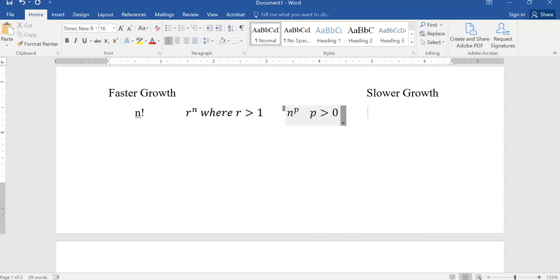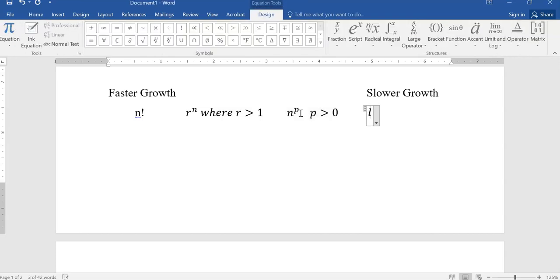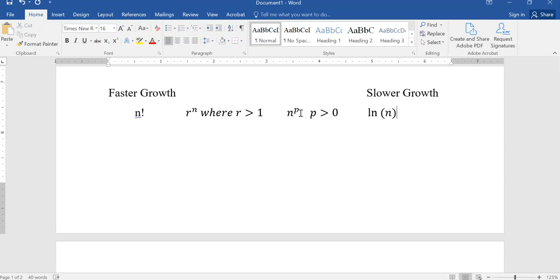And then the very slowest type of growth, like anything with a natural log or a log of some other base, would be a really slow growth. So factorial is faster than geometric. Geometric is faster than n to a power.